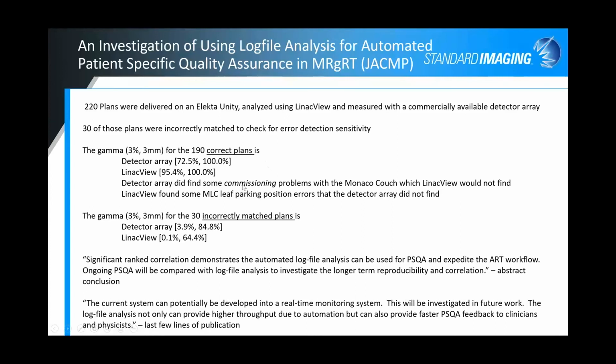But as I said, if you've done your commissioning, Linac View is a great option for QA. Linac View did find some MLC leaf parking position errors that the detector array did not find. These leaf parking position errors did not impact the dosimetry, and they were reported to the Linac vendor. And so I will say that the detector array had some values that were lower here because they did, in fact, find this couch issue, which Linac View did not, but it found different errors.